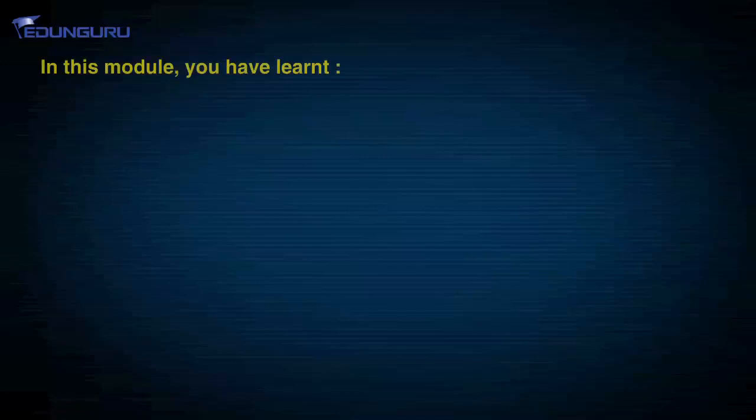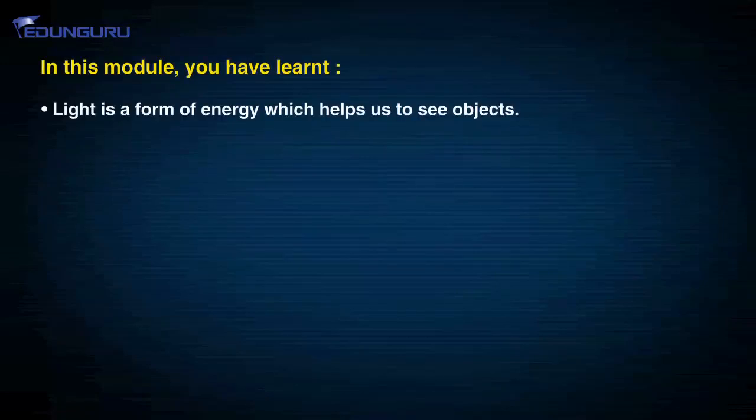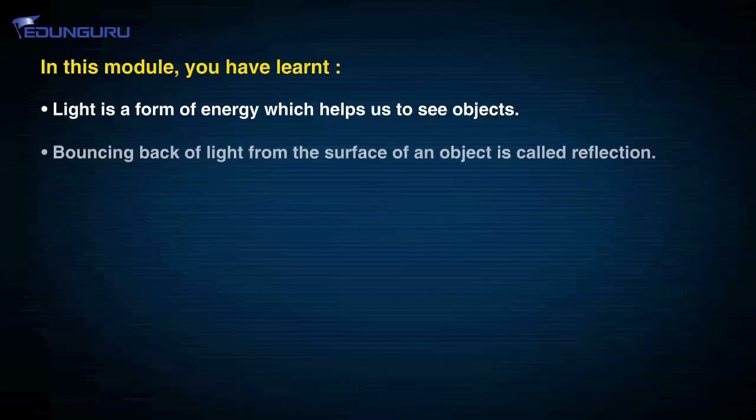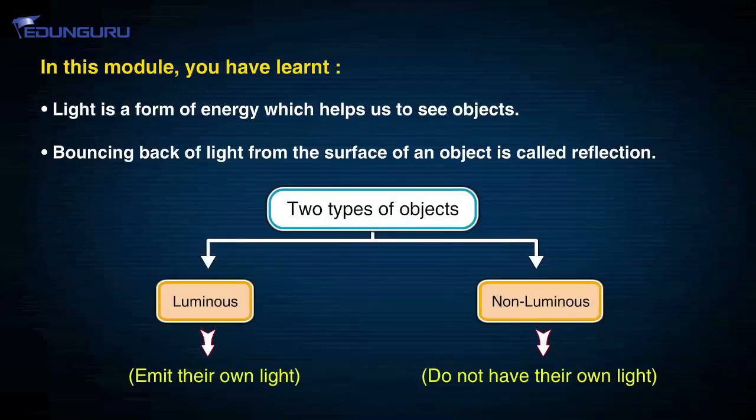Thank you. In this module, you have learnt light is a form of energy which helps us to see objects. Bouncing back of light from the surface of an object is called reflection. Objects may be luminous or non-luminous. Luminous objects emit their own light. Non-luminous objects do not have their own light.